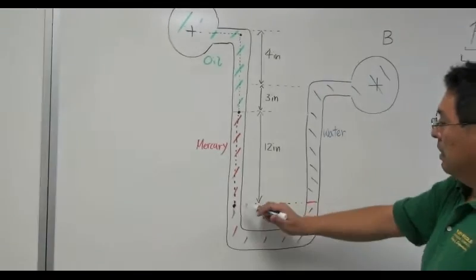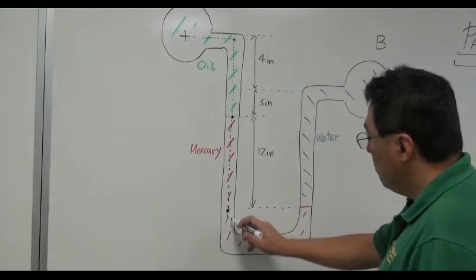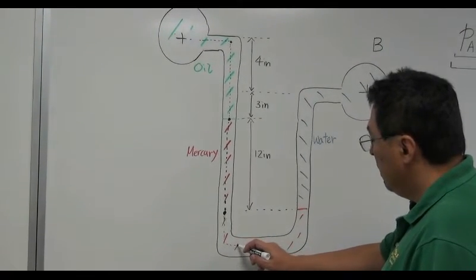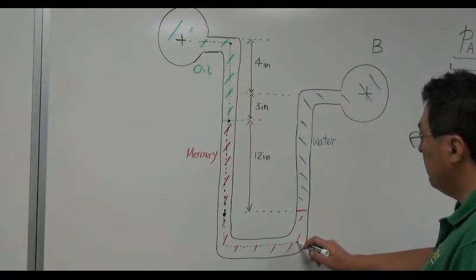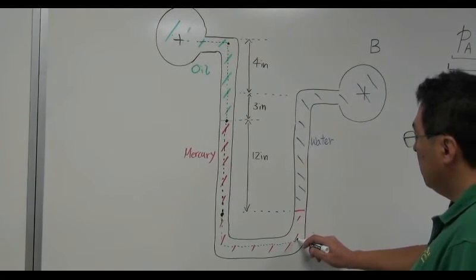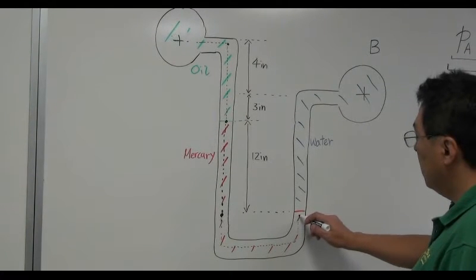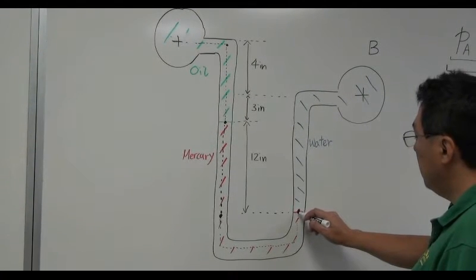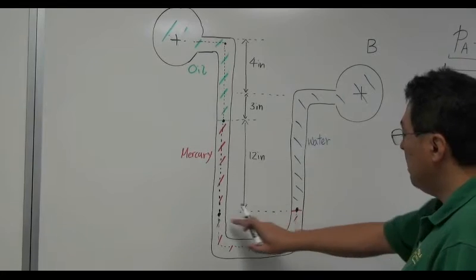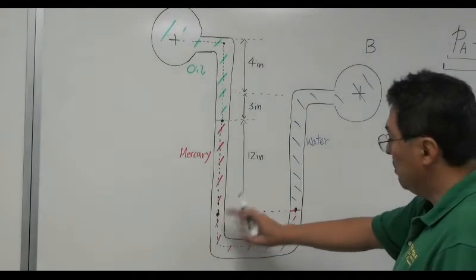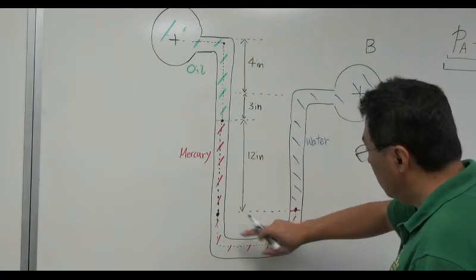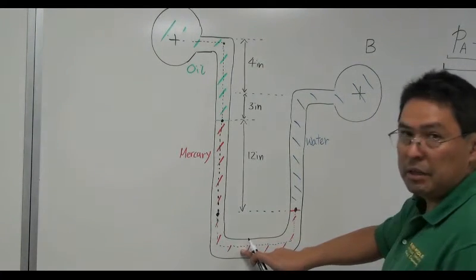Then you are going to go down a little bit more, then stay at the same pressure because it's the same depth, same liquid. Then you start to back up. As you reach right here, this place and that place have exactly the same pressure, because it's the same depth, same height, within the same mercury.